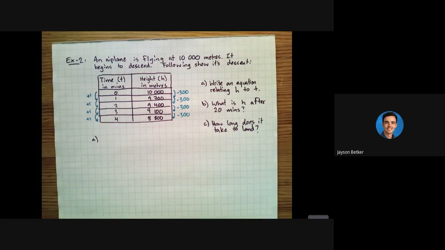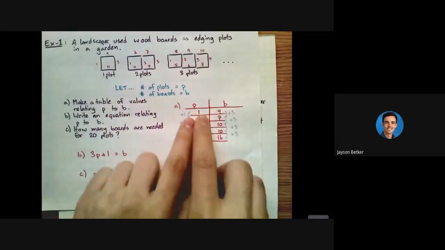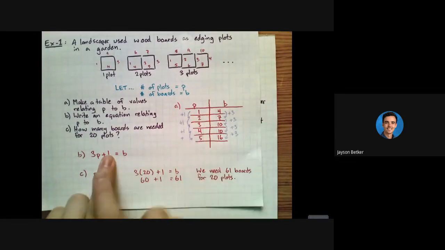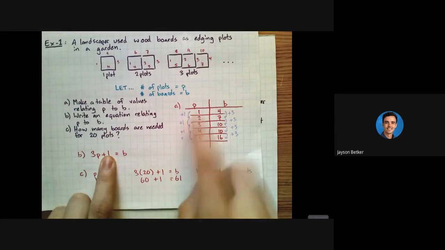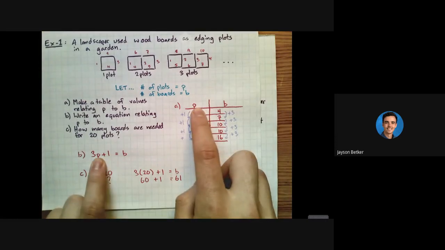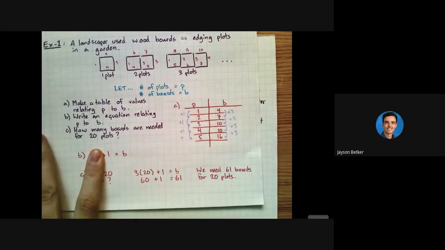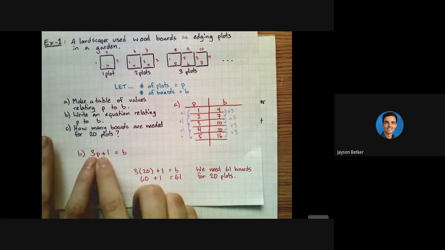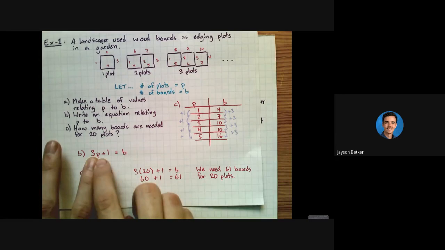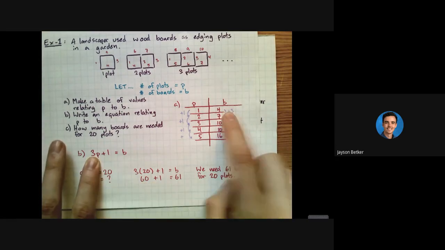So if I set it up again in the same way, like we did here, I started off with 1. Okay, I started off with what my base is, because if my P ends up being 0, then my base is just 1. Okay, so if my P here is 1, then that's going to make my base 4.